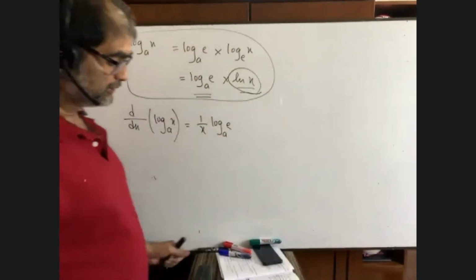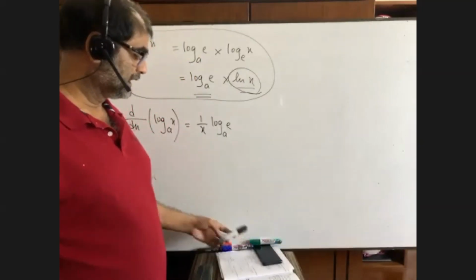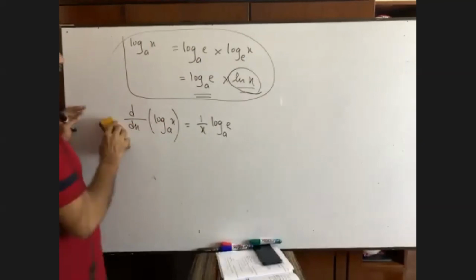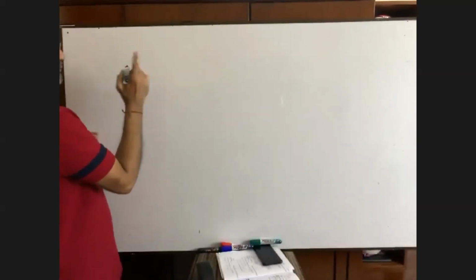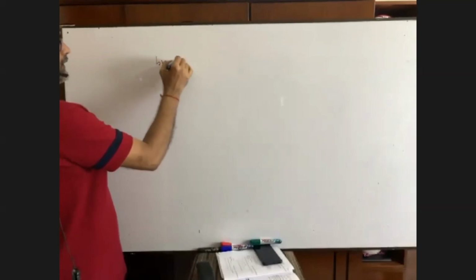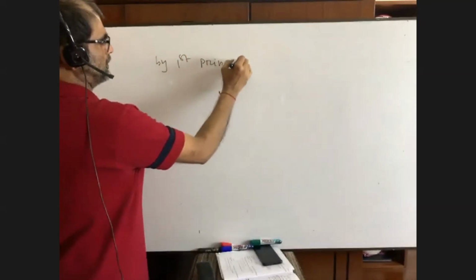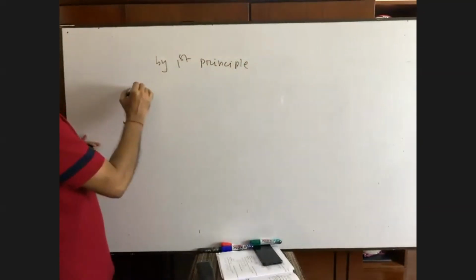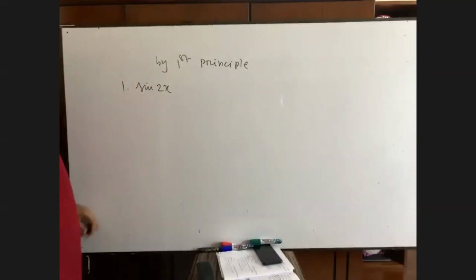No formula is there, but I am giving you some homework at home. Please write down. All the formulas have been done. You will find by the first principle sine 2x, f(x) equals sine 2x.